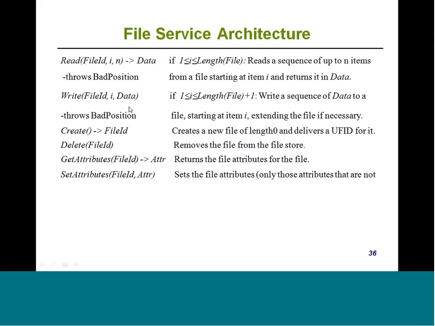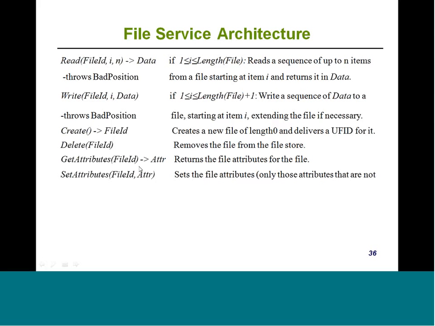Write(fileID, i, data) writes a sequence of data into a file starting at item i and extending the file if necessary. Create is another command that creates a new file with length 0 and delivers a UFID to the file ID variable. Delete(fileID) removes that file from the file store.